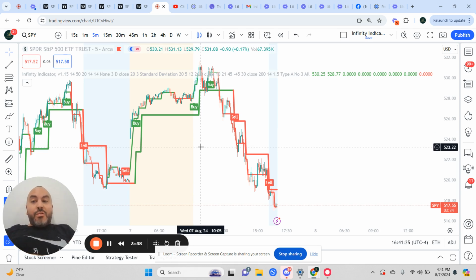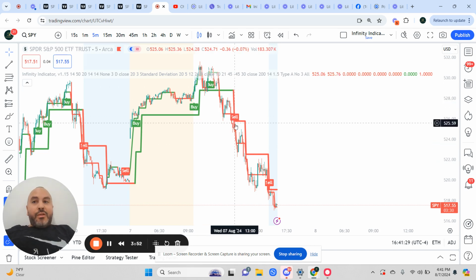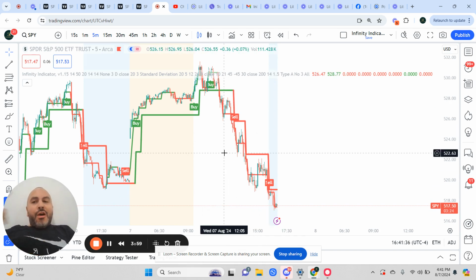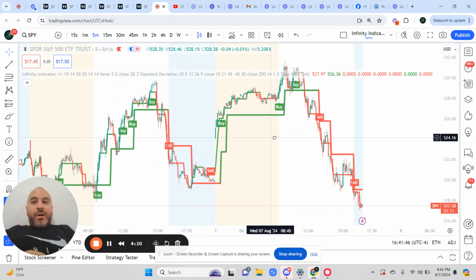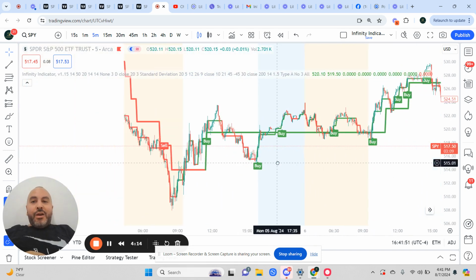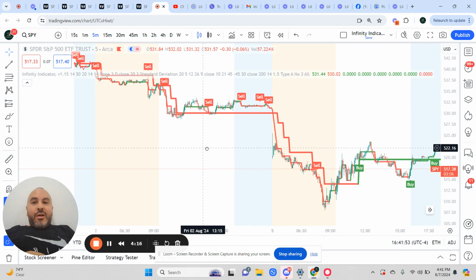It's a 3x inverse ETF that would have done well today, or SPSX. I'm going to do another video on that after this, so I'm not going to go too deep into how you can use that instead of options, but you can obviously. As you can see, this is a very, very high win rate here.